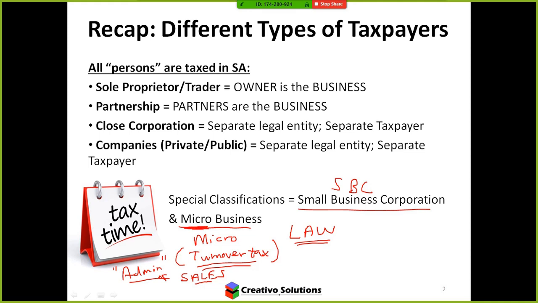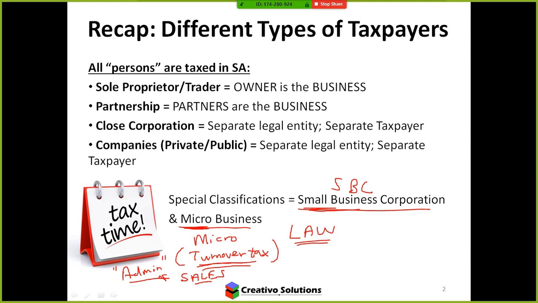All right, so micro means smaller than small, in terms of the SBC. So most businesses that are smaller in terms of size would probably go this route, turnover tax, micro, purely because it's the easiest way to comply with the legislation in terms of paying your taxes.